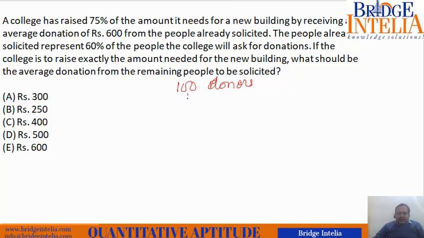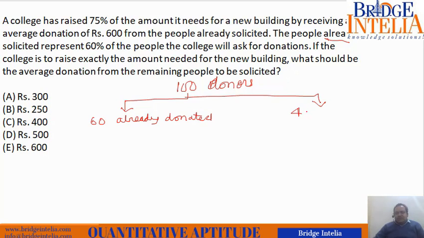Out of 100, 60 people have already donated. 60% already solicited means already donated. It means the remaining 40 are yet to donate.